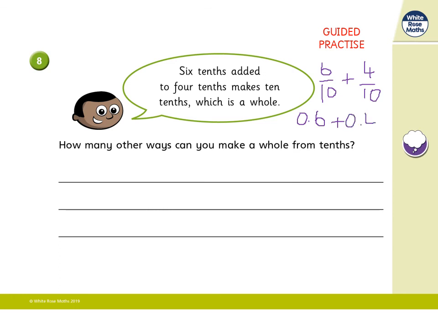I'm thinking of my counters in my place value grid, give me 1 whole. Now, if we look at these numbers and we're thinking about our number bonds to 10, we know that 6 add 4 equals 10, but these are 10 times smaller, these numbers. So we're going to use our 0.6, add 0.4 equals 1.